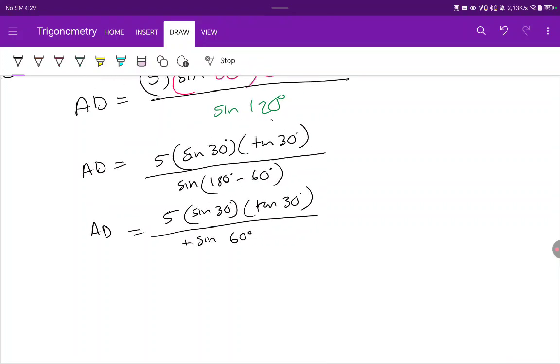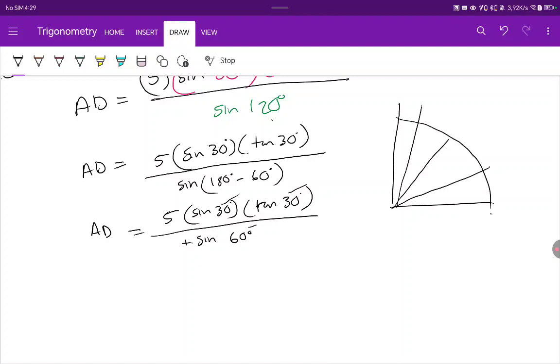Quadrant 2 is positive. So now I've got special angle, special angle, special angle. Beautiful. So according to our formula sheet, our diagram that looks like that, please remember to refer to that.